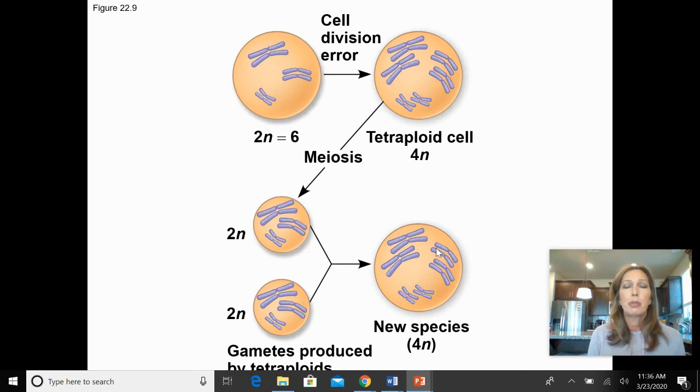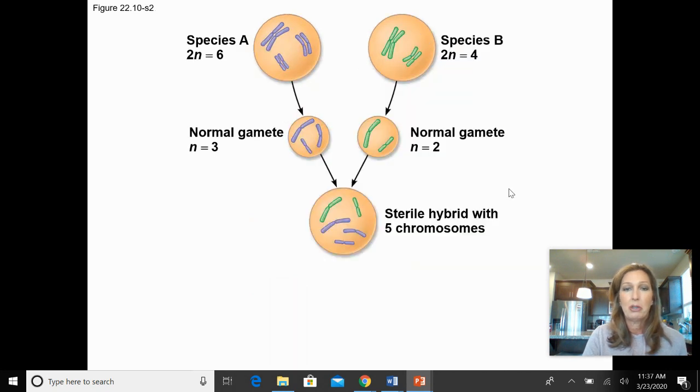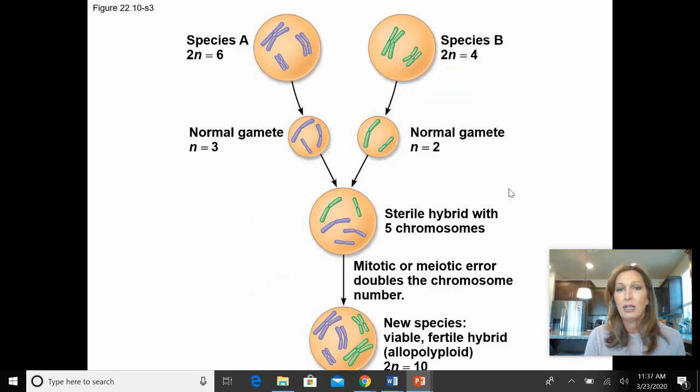So polyploidy means many chromosomes. Now, in certain species, when they get stressed, when there is a rapid change in the environment, something that actually happens is this change in chromosome numbers. And when you now have a change in chromosome numbers, well, that leads to a new species. Now, this change in chromosome number can happen by an individual.